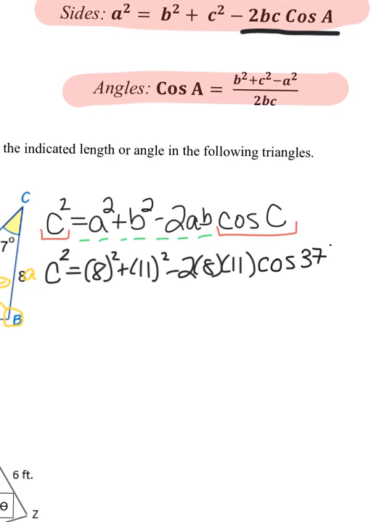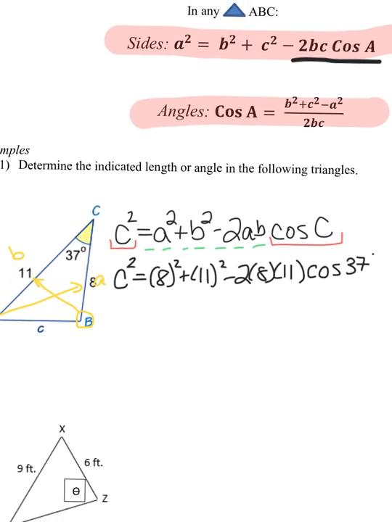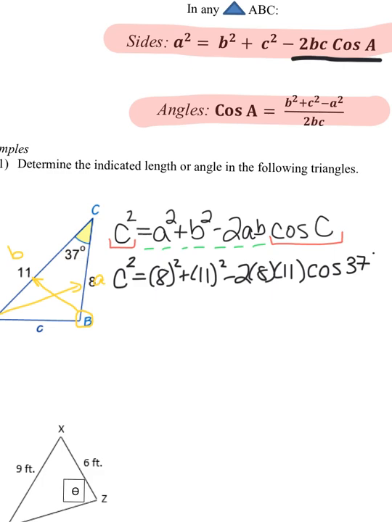Okay, so from here we're going to just do some calculations. So we need to calculate a squared, or 8 squared, which is 64, plus 121, and then we're going to put in our calculator this number all together.